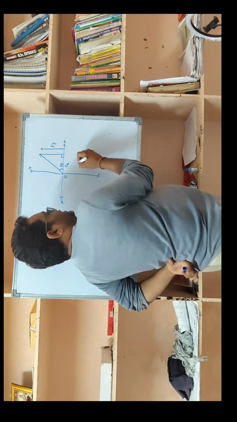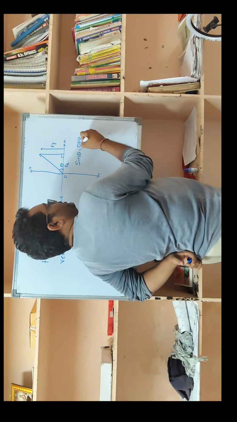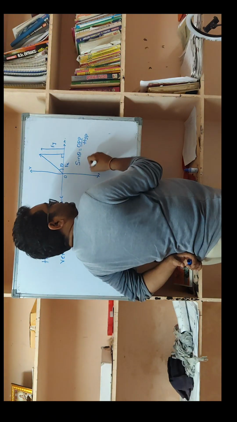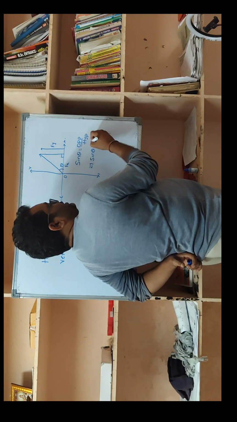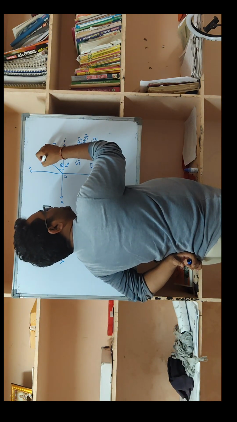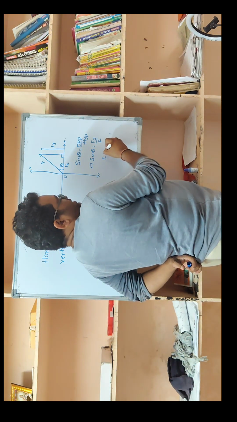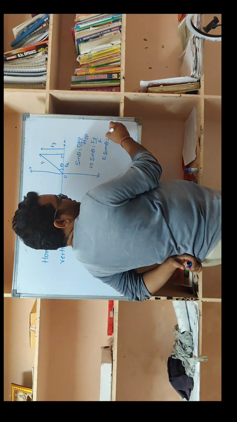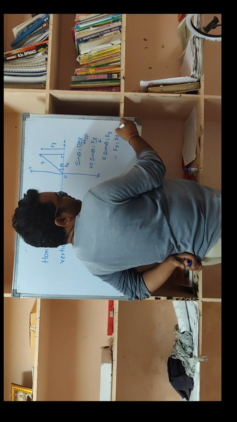Now sin theta is equal to opposite by hypotenuse. So sin theta is equal to the opposite side Fy by the hypotenuse F. So F sin theta is equal to Fy. Therefore Fy is equal to F sin theta.